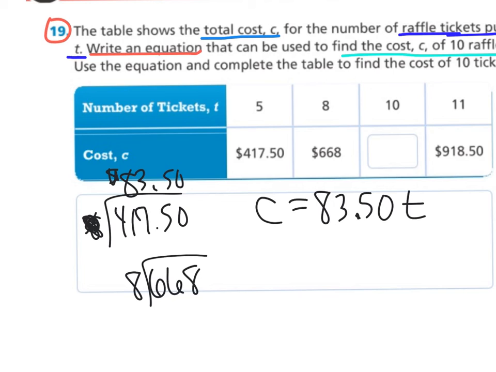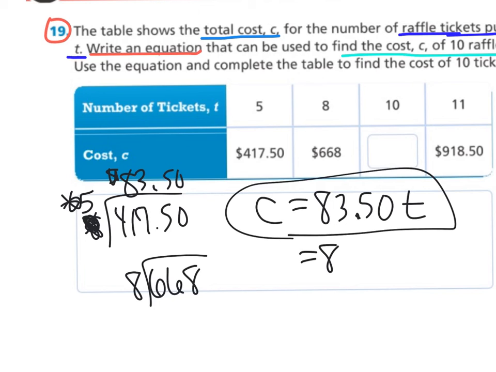Sorry, this should have been divided by 5, not 8 over here. Thanks for observant students catching my mistake there. So that's 83.50 for each ticket. So then for 10 tickets, we would take 83.50 times 10, which is $835.